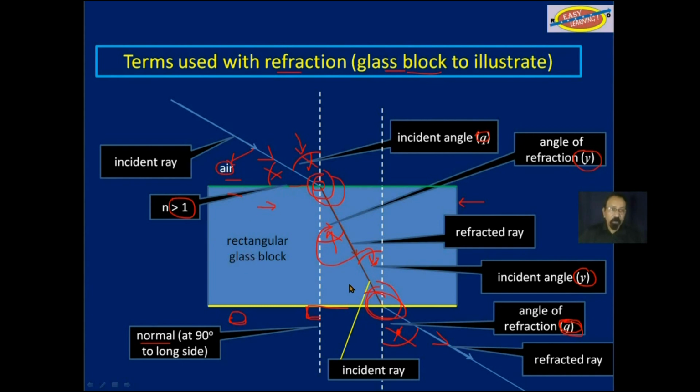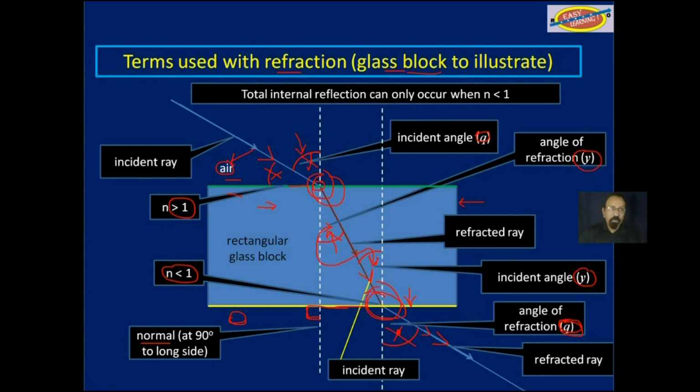But when you come down here, the reverse or the converse takes place, where the light is now traveling from a denser medium, the glass, to a less dense medium, the air. And at this boundary here, this yellow boundary, the refractive index is always less than 1.